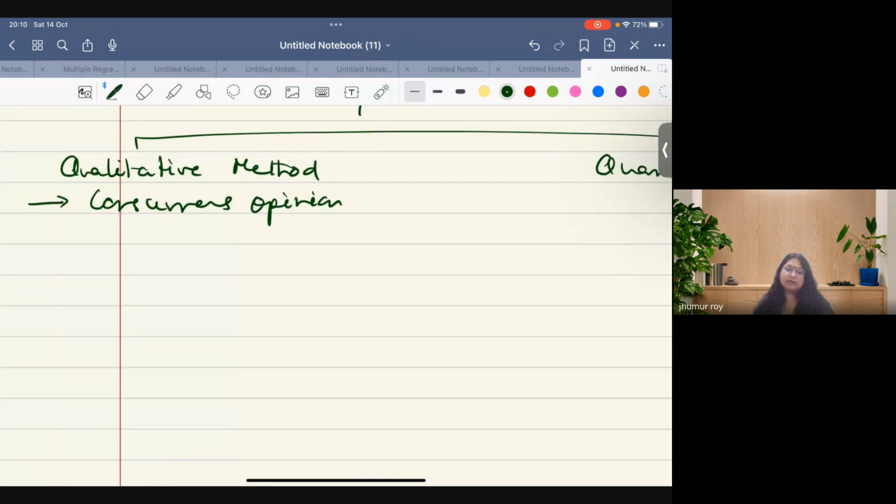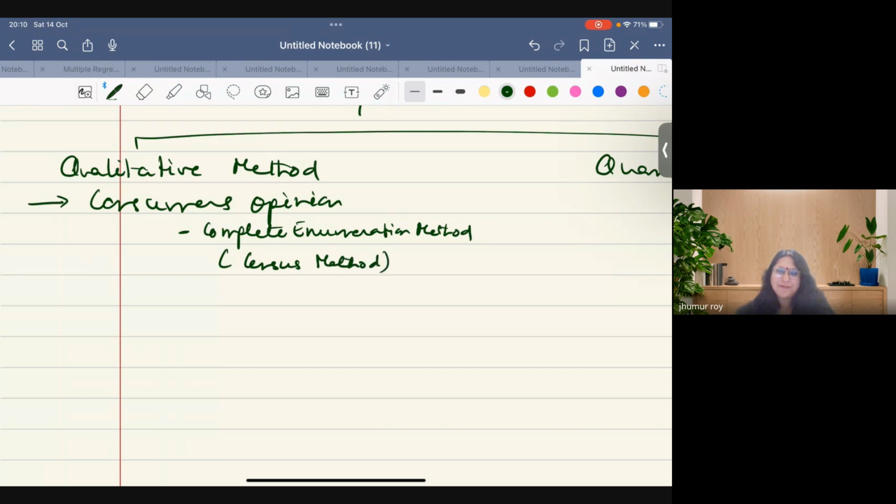So here you have something which is called a complete enumeration method. I think the easier term which we use is a census method. Means if there are 50 people who are buying your product, you will go and talk to all the 50 people and get everybody's opinion.